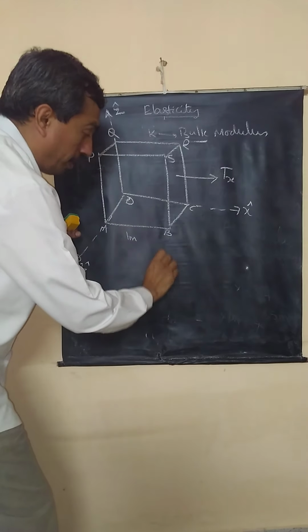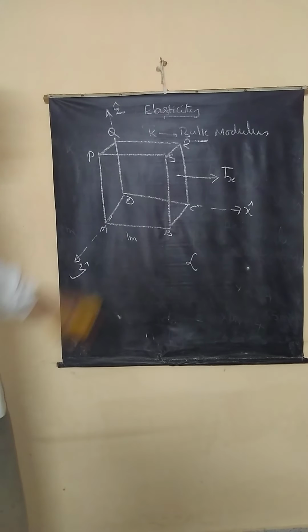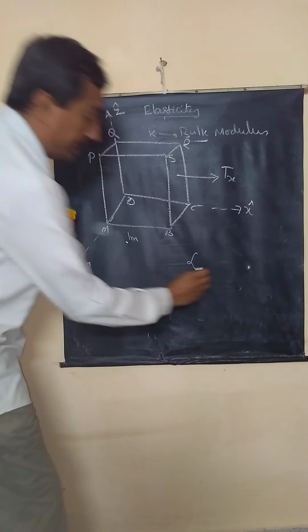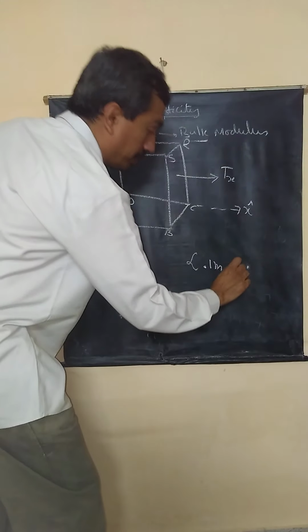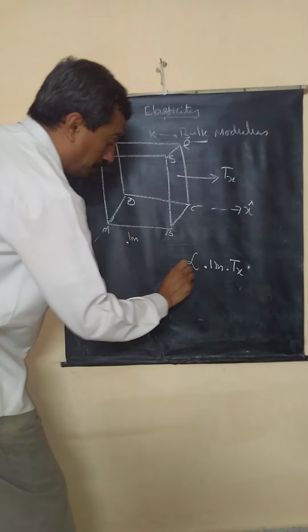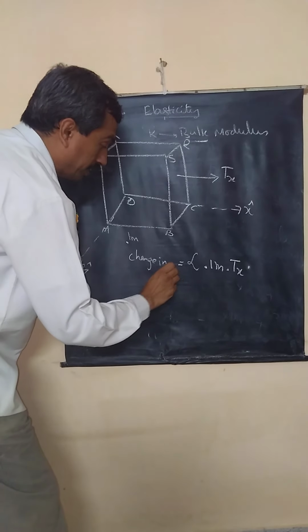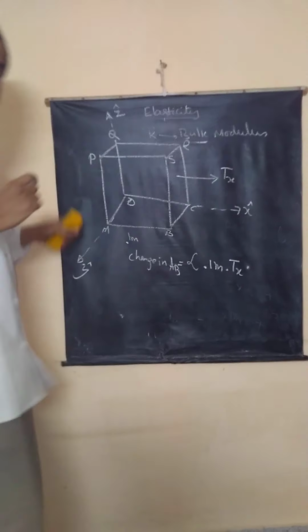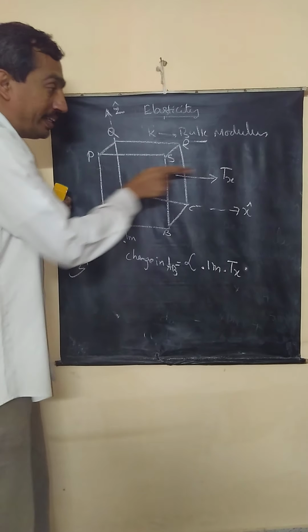Suppose alpha is the elongation strain of this material, the length is 1 meter, and the stress applied is Tx. This is the change in AB, or increase in length. Because of the stress, the length increases.